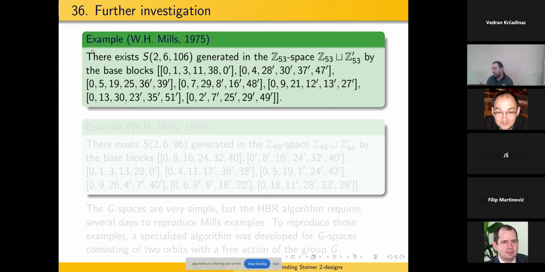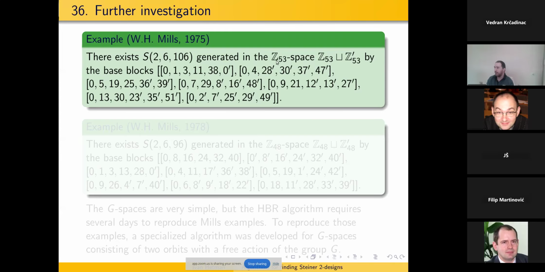So the first example was the establishment of this Steiner design. It was the first example, a Steiner design that has 6 points per line and 106 points in total. It can be generated by a very simple G space.